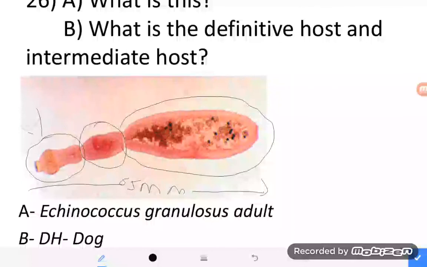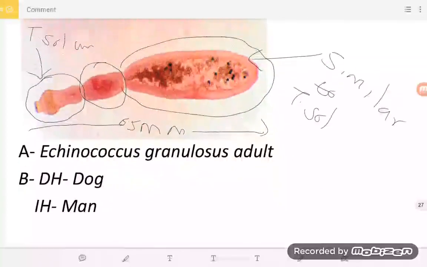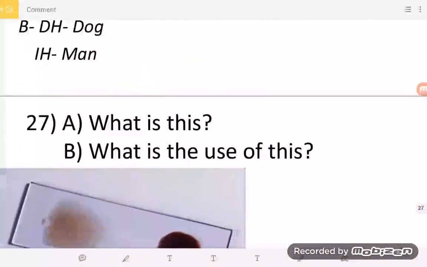When we consider the head part, it is similar to Taenia solium, and the gravid segment is also similar to Taenia solium, but the size is very small. Here you can see only one gravid segment, but the number of lateral branches you can see is similar, right? The definitive host is the dog, right?